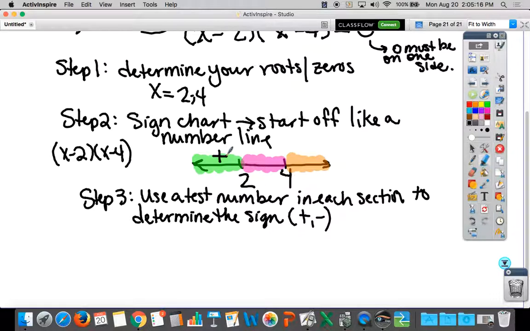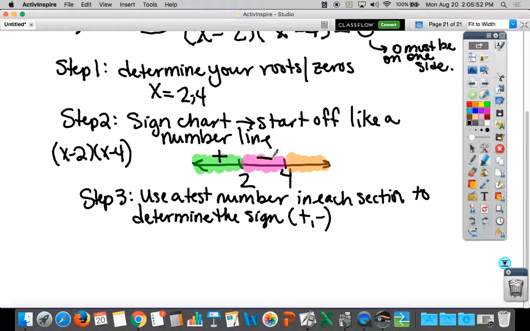Positive. Okay? Now you're going to do a test of a number between 2 and 4. Some of mine last period wanted to do 2.136578, whatever. Knock yourself out, I don't care. 3 would be a great one. We do not want to do 2 or 4 because we're going to get 0. And guys, 0 is neither positive nor negative. So if you get a 0, try another number. What did I get here?